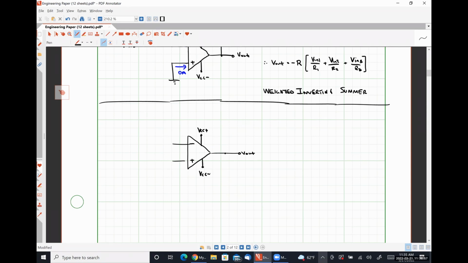Here's VCC minus. We have negative feedback. I'm going to call this resistor R. We're going to have another resistance here having the same value of R. And then on the non-inverting input side, I'm going to apply a resistor network as well.